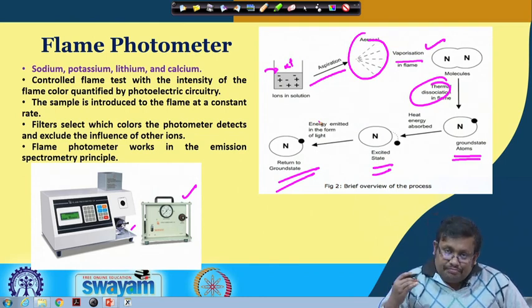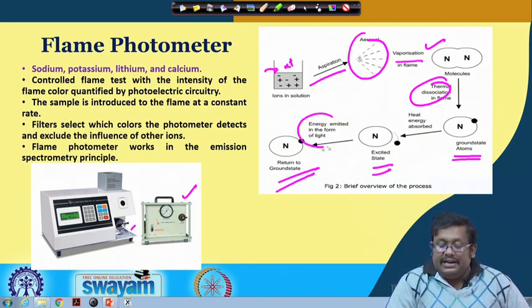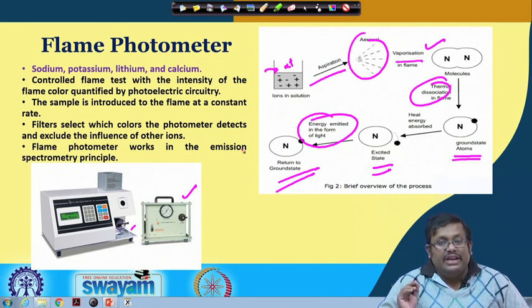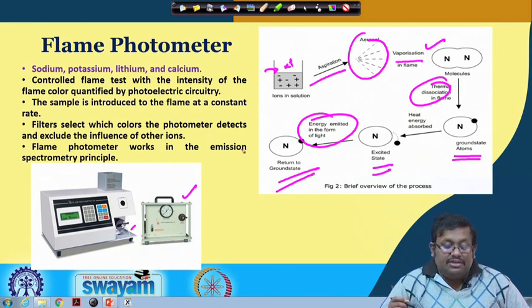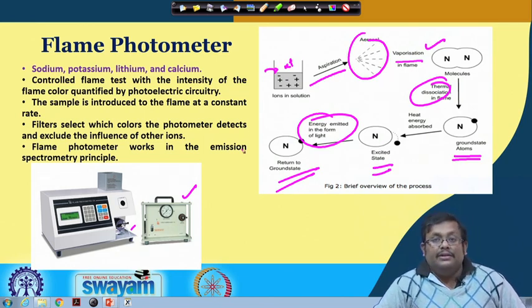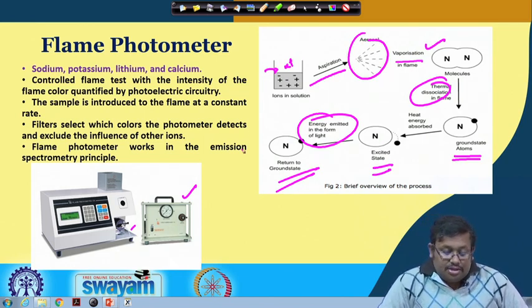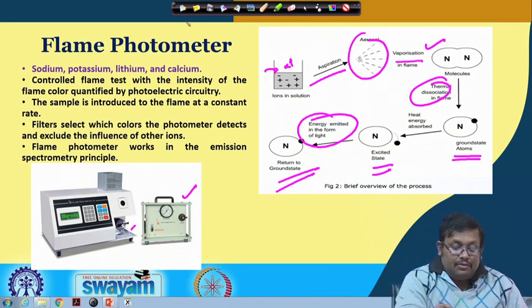The particular wavelength of this emitted energy is very specific for a specific element. So, by measuring the intensity of that emitted light, we can measure the concentration of that particular element within the solution. This is how a flame photometer basically works.